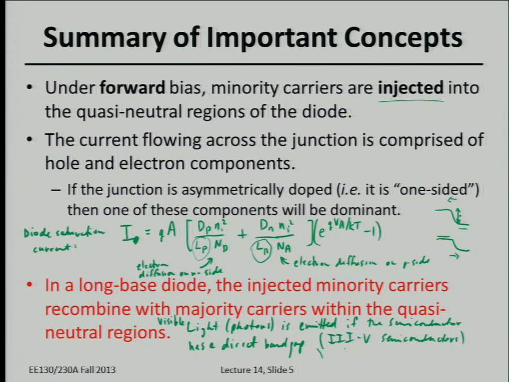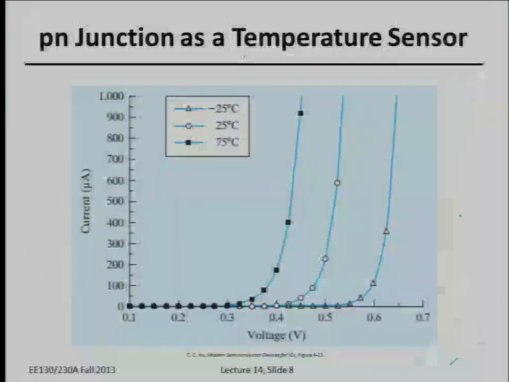You get more, right? The average kinetic energy of electrons and holes on each side of the junction increases, so the probability that carriers can flow across the junction increases exponentially. For the same voltage, you should get more current. So at higher temperature, at this voltage, maybe at room temperature you don't get much current, but if you heat it up, you can get significant current. So clearly, the curve is going to the left.